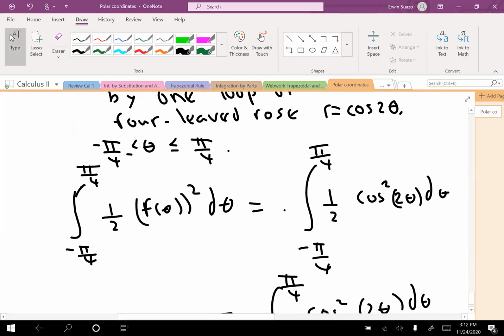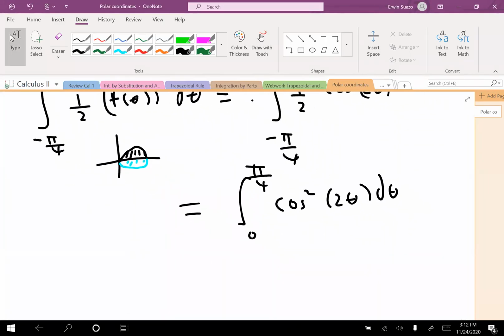So it's enough to find the area of the first part of the rows, right? Because the other part is symmetric. So I can just do it between 0 and pi fourths. Now, this trick, we did it in your exam number 1.